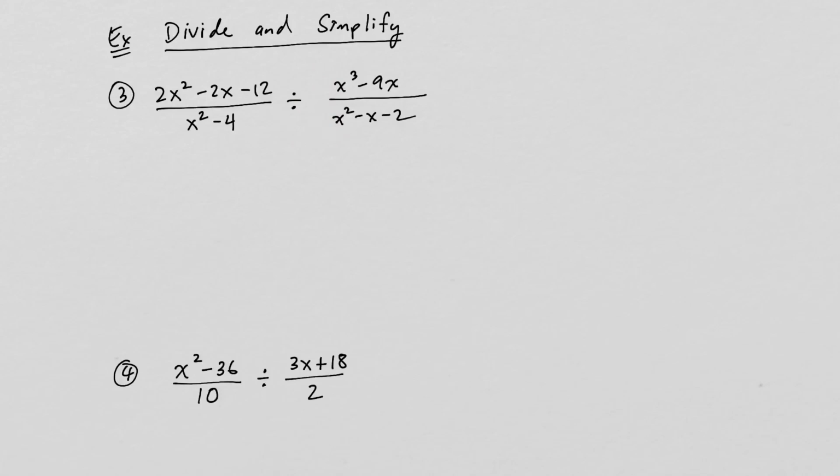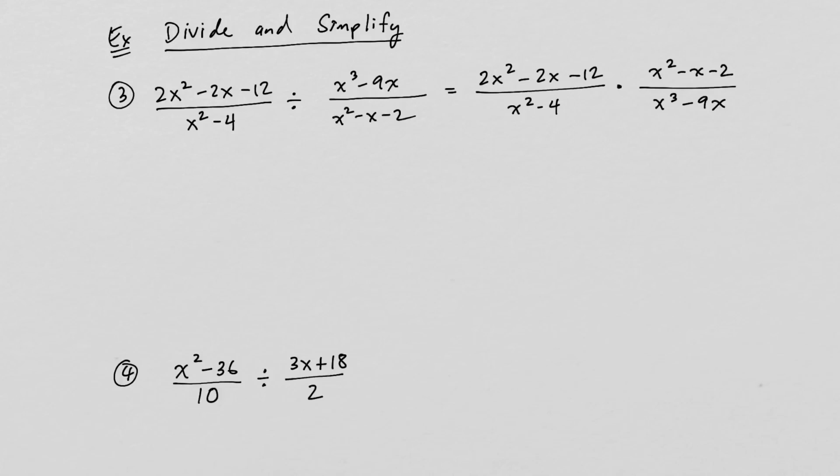And so by definition, this becomes 2x squared minus 2x minus 12 over x squared minus 4 times x squared minus x minus 2 over x cubed minus 9x. So I reciprocated the second fraction and changed division to multiplication.